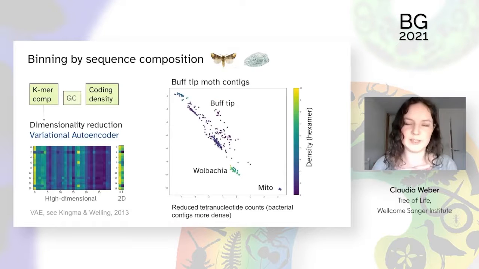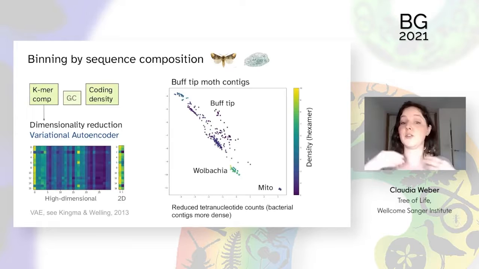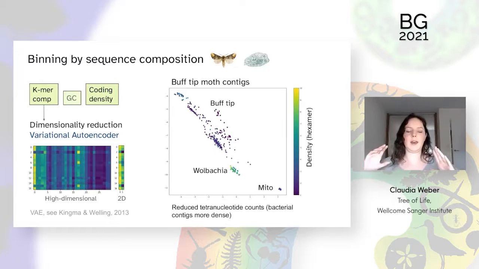Now, in order to bin by sequence composition, what I do is for each sequence, tally up a set of statistics. And this is primarily using the tetranucleotide composition of the sequence. So I end up with a big feature matrix for my set of sequences. And then to get that into 2 dimensions so I can visualize it, I put it into a variational autoencoder.